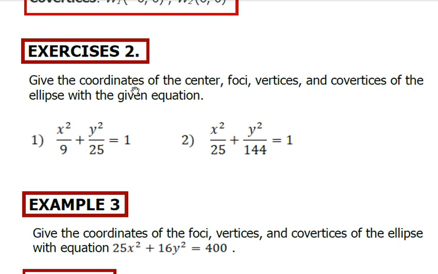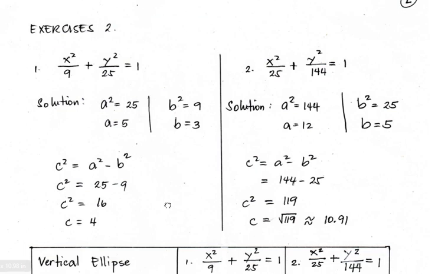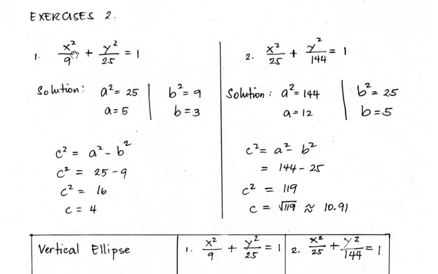Again, we are instructed to give the coordinates of the center, the foci, the vertices, and the co-vertices. Let's start with number 1. We have x squared over 9 plus y squared over 25 equals 1. Solution. We have to identify between 9 and 25 which is which.